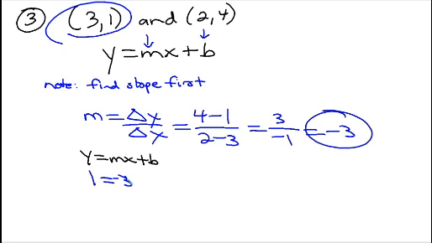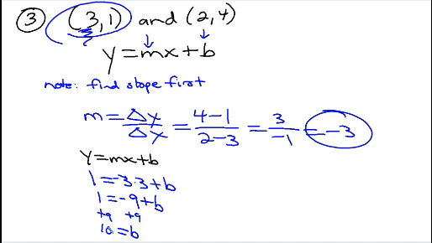Negative 3 times the x value of positive 3 plus b. So 1 equals negative 9 plus b. Add 9. Add 9. The y-intercept for this linear equation is 10.